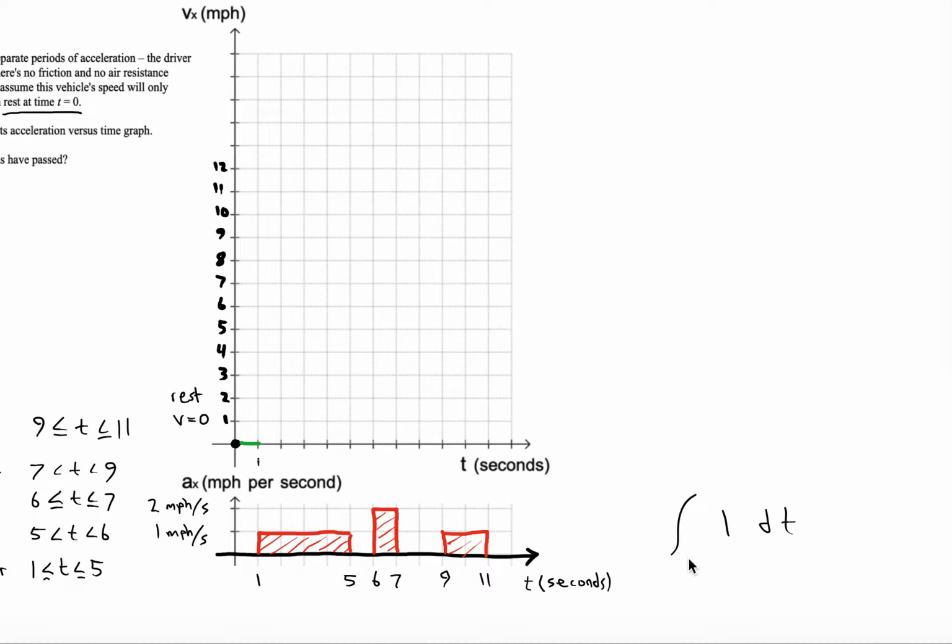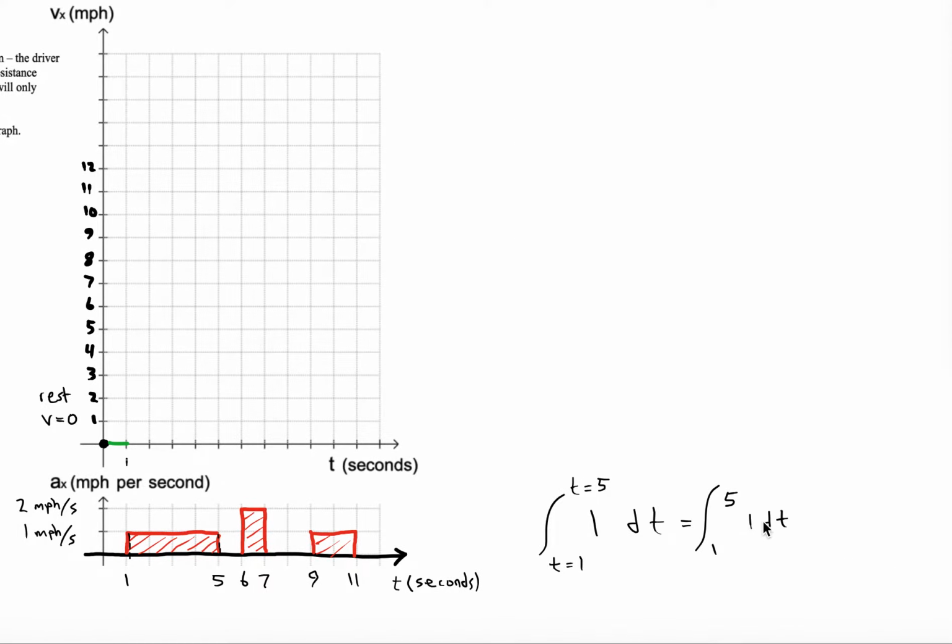But now we have to put on what are called limits. We have to go from t equals 1 to t equals 5. So see, you start here on the left and you end there. Whenever you do a definite integral, you have to pick a time range that you're going to do it for. So we want to find from 1 to 5 the integral of 1 dt.